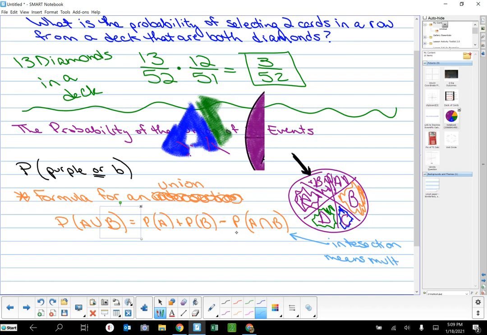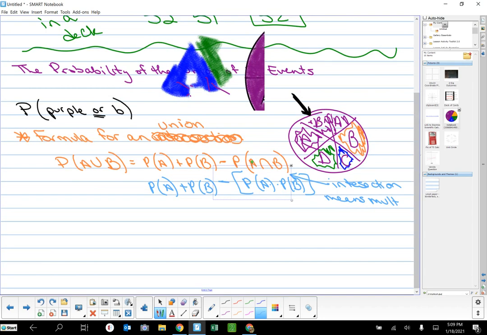So when I do these, I rewrite this part as the probability of A times the probability of B. So we're going to take the probability of A plus the probability of B. And then this isn't actually terribly difficult. Our A is, what's the likelihood that this thing is purple?